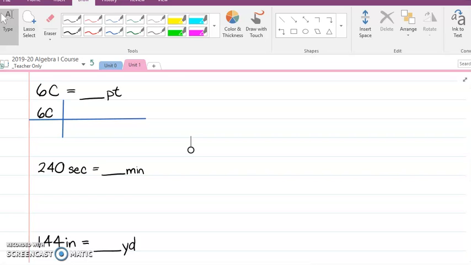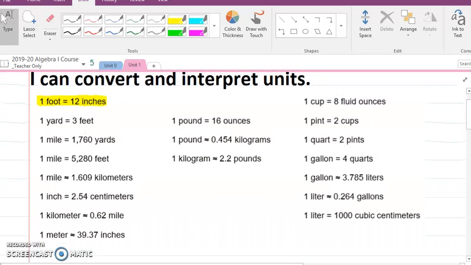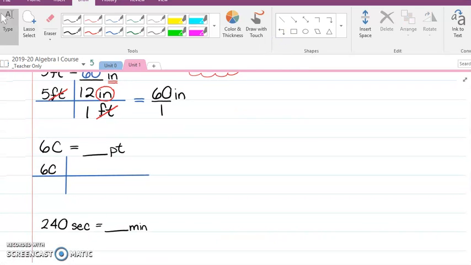So if you look up at the top, do we have a conversion factor that connects cups with pints? Sure enough, we do, right here. 1 pint equals 2 cups. So I'm going to jot that down. 1 pint equals 2 cups.